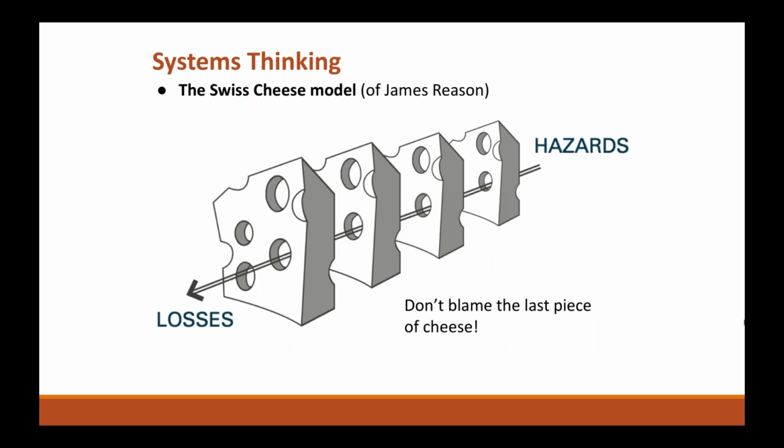We can think of a system as containing multiple layers of Swiss cheese, and in some situations, all the holes of the Swiss cheese can line up, and an incident can get through. What we need to bear in mind is that it's not the last slice or the first slice. It is the whole system that is at fault. So we shouldn't be blaming the people who are involved in the front end of the incident, but rather looking at the whole system to see what can be improved to prevent future incidents.